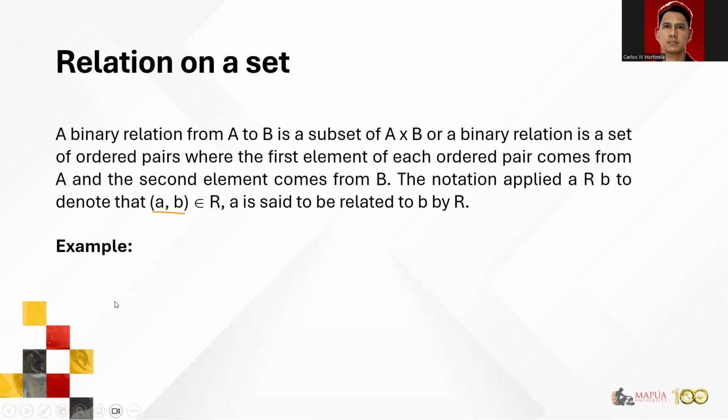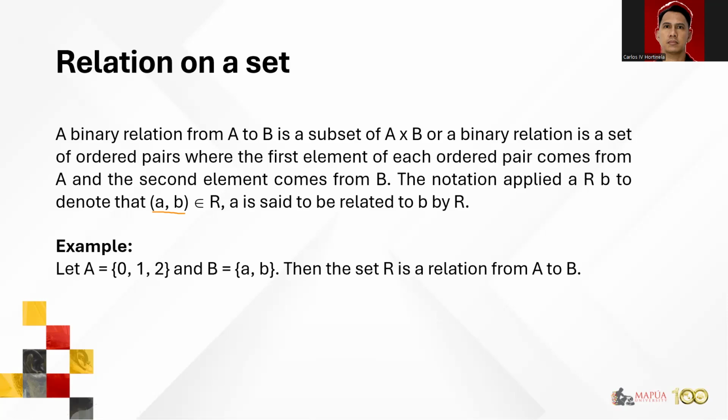So one very good example I lifted from the book is something like this. I have set A containing values 0, 1, and 2. And then I have set B containing values a and b. We then form a relation set from A to B. So what ordered pairs can we create out of our given set A and set B?